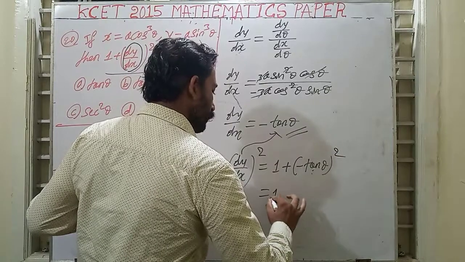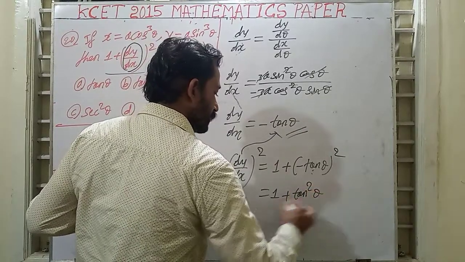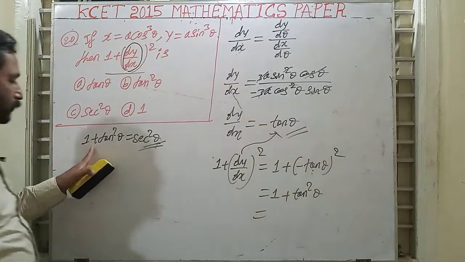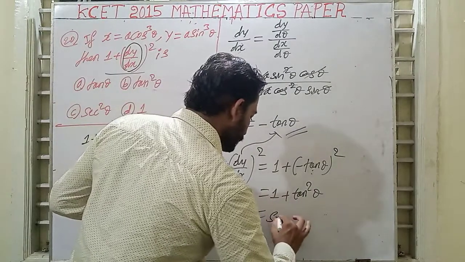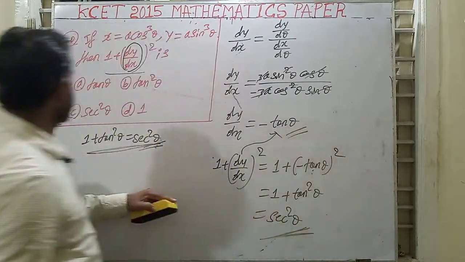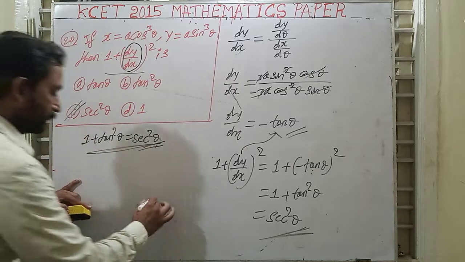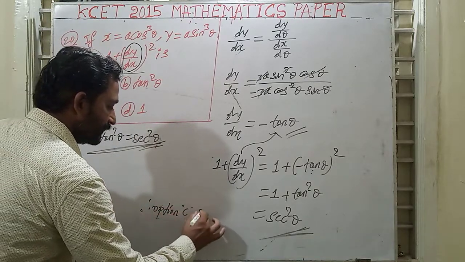So it becomes 1 plus tan square theta. We already know that 1 plus tan square theta is secant square theta. So which option is correct? Option C is correct.